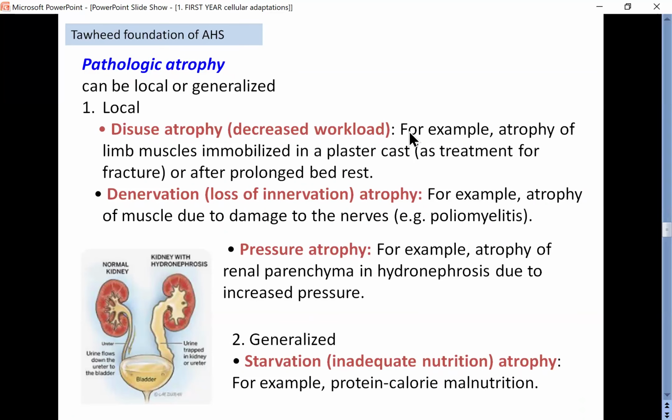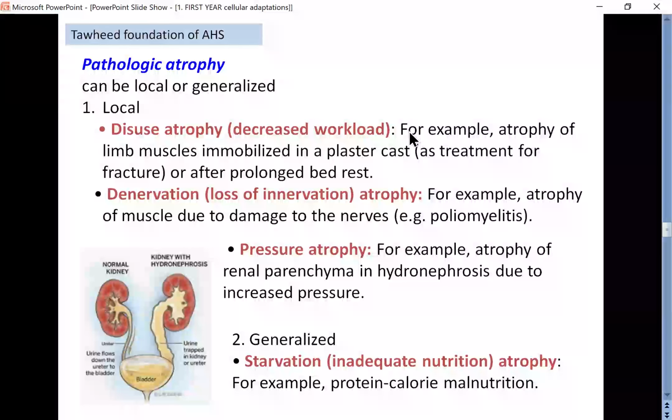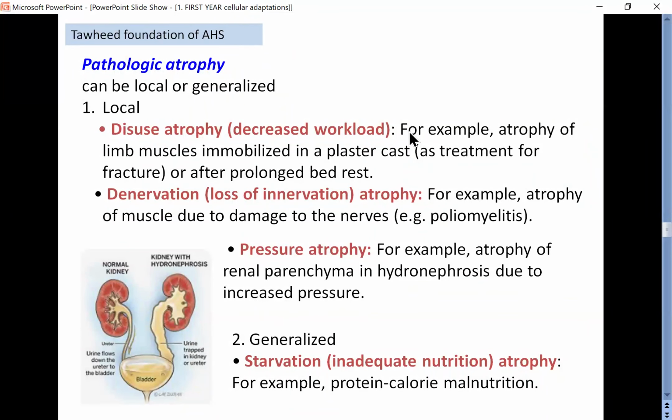For example, in case of an accident or a fall from height, the person gets multiple fractures in the limb, either upper limb or lower limb, arm or leg. The person will go for a plaster of Paris.